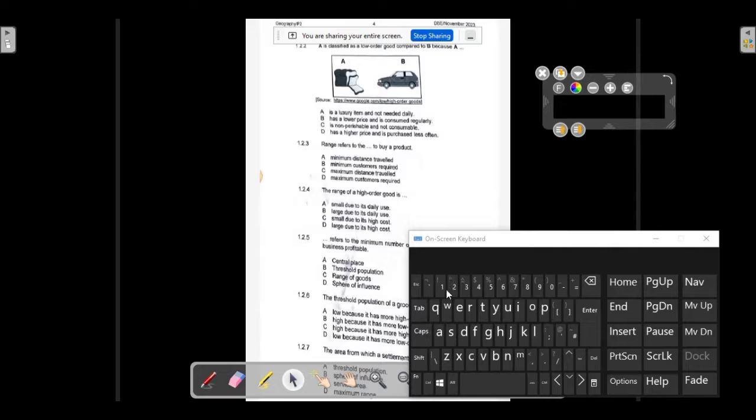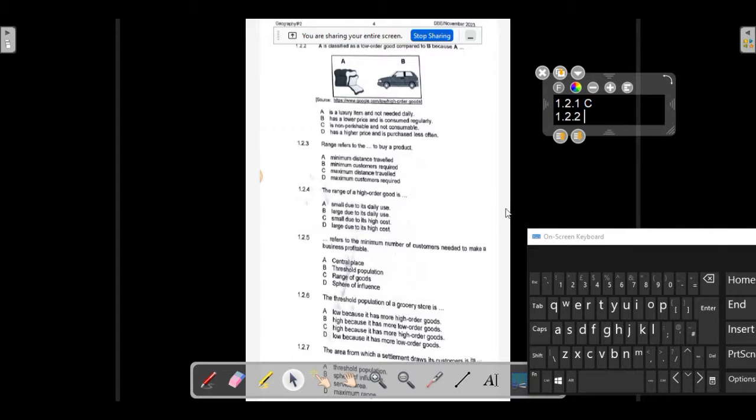Now we'll, of course, move on to 1.2.2. So in this 1.2.2, we see two products. We see bread on the left and a car on the right hand side.